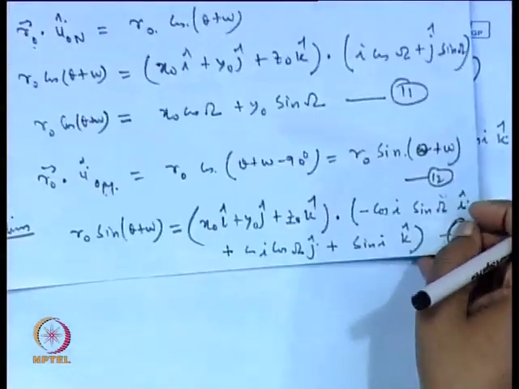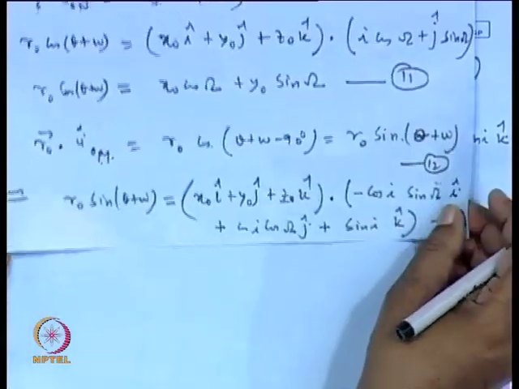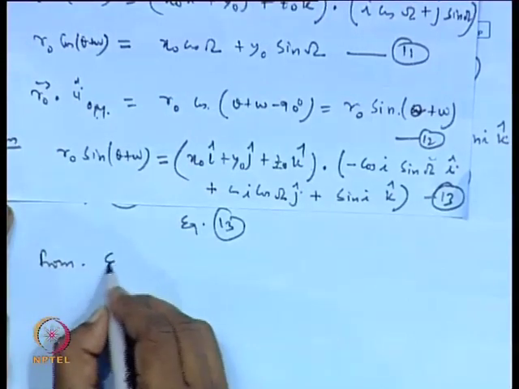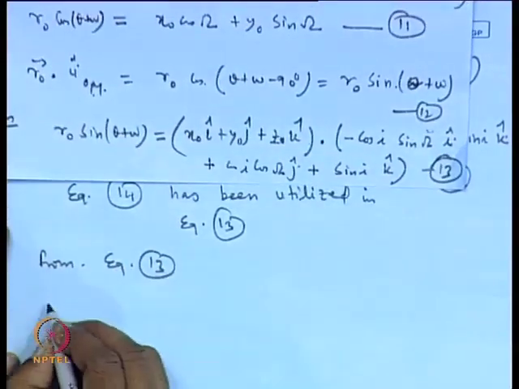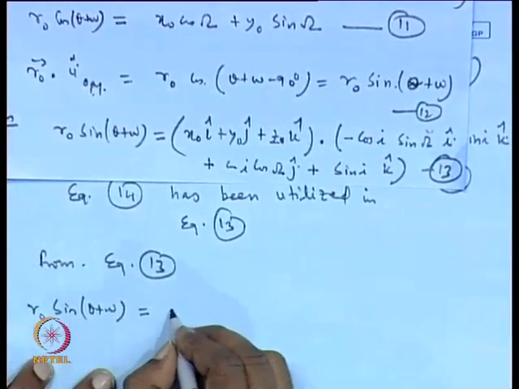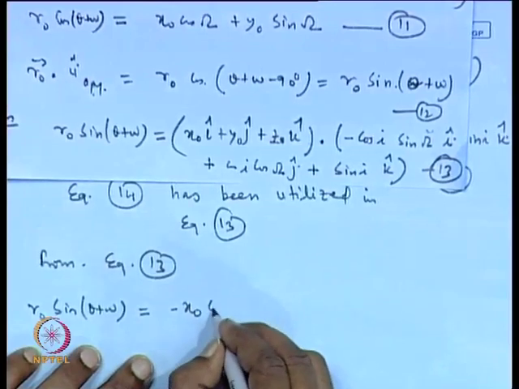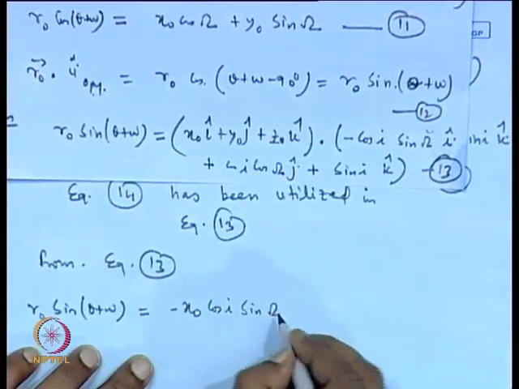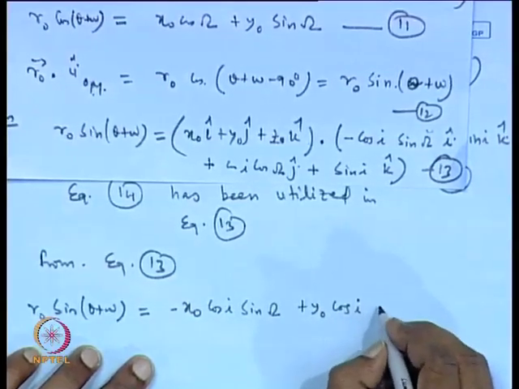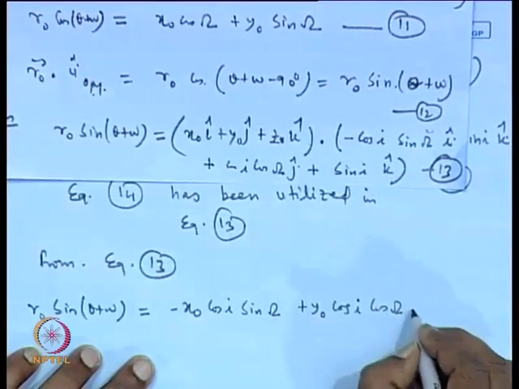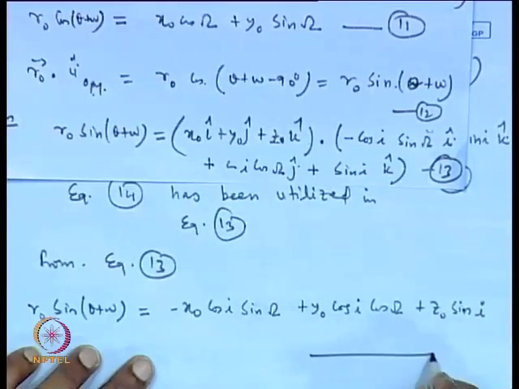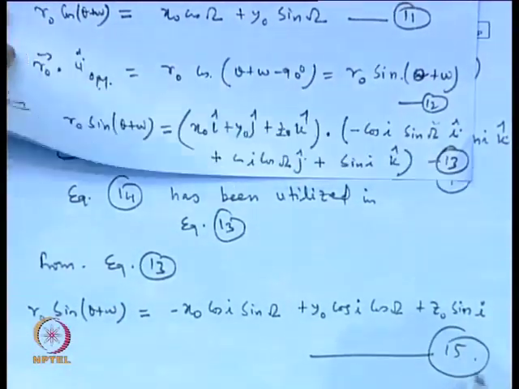So, from equation 13 we can see that, expanding this, r0 sin(theta plus omega) will be minus x0 cos I sin capital omega plus y0 cos I cos capital omega plus z0 sin I. This is our equation number 15.